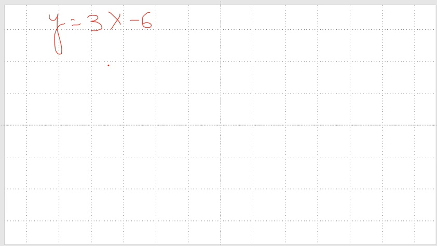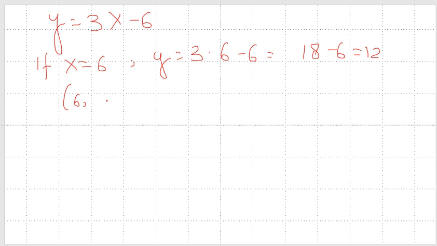Let's take one of the points, x equals 6. If x equals 6, y equals 3 times 6 minus 6, which is 18 minus 6, which is equal to 12. So if x is 6, y has to be 12.